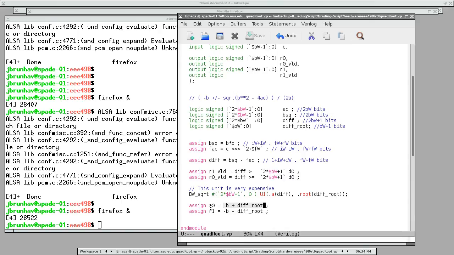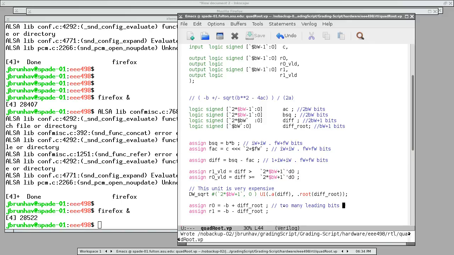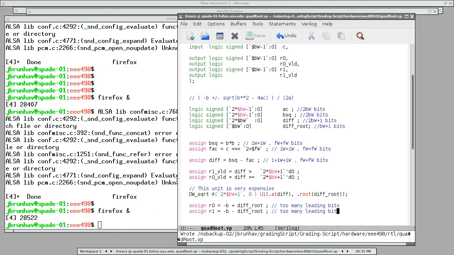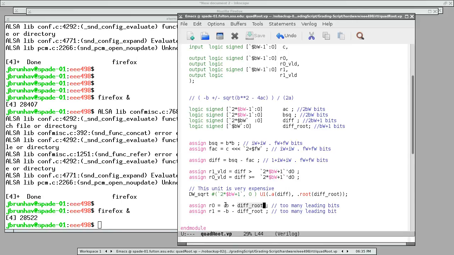The only issue with this statement so far is that there are too many leading bits. We have a 17-bit thing and a 16-bit thing added together, which is technically an 18-bit thing. So we're just going to call these R0 long and R1 long.